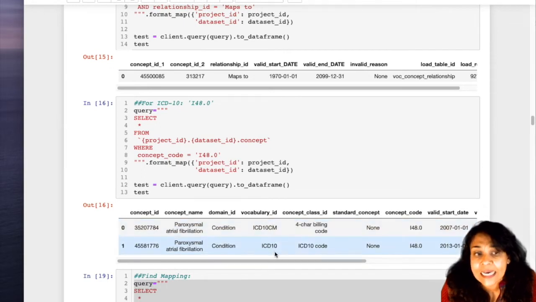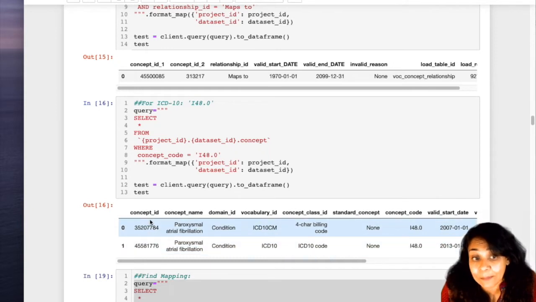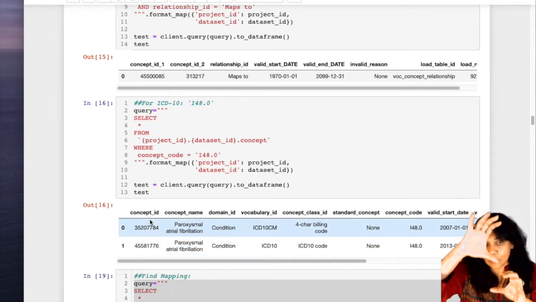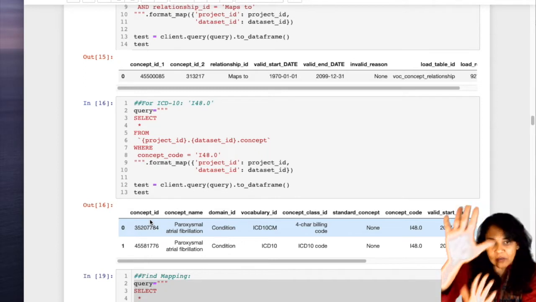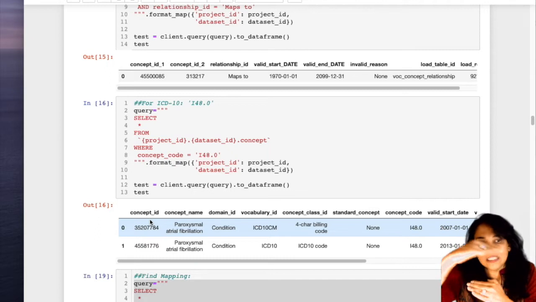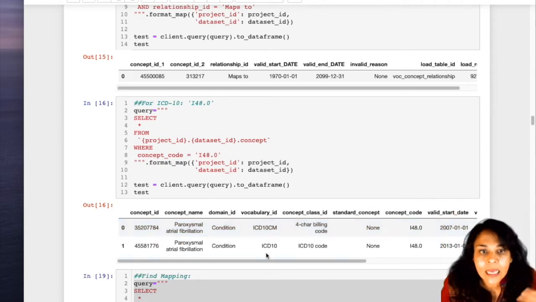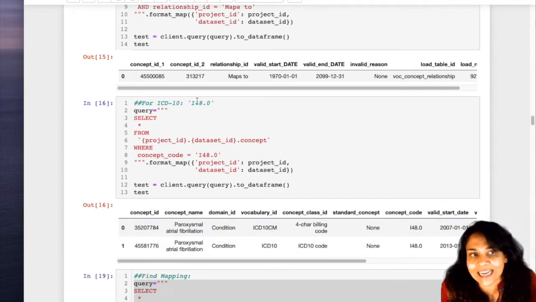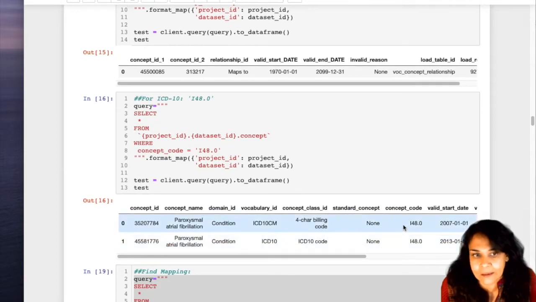As you can see, there are two separate vocabularies, ICD-10-CM and ICD-10. Since there are two separate vocabularies, both of them have a separate mapping. They have two separate rows in the concept table, but you can see that their ICD-10 code is the same.